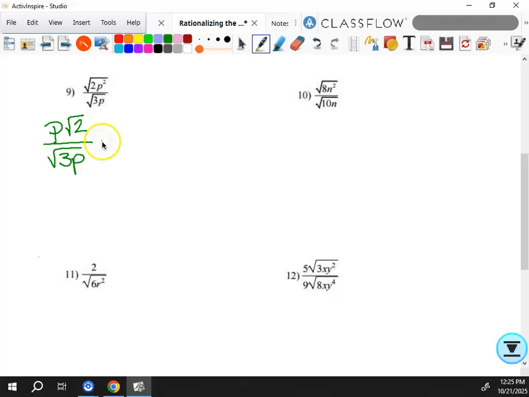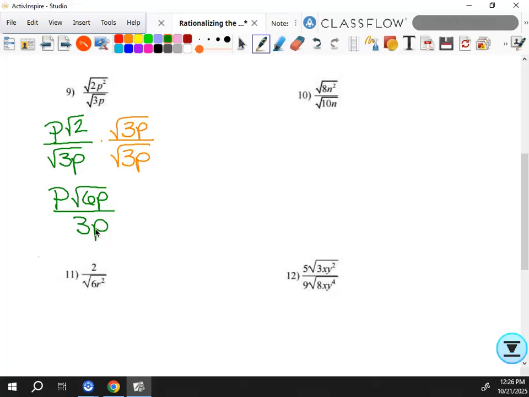I multiply by whatever square root is in the denominator. Right? So in the numerator, I'm going to get p times the square root of what? 6p, good, all over 3p.